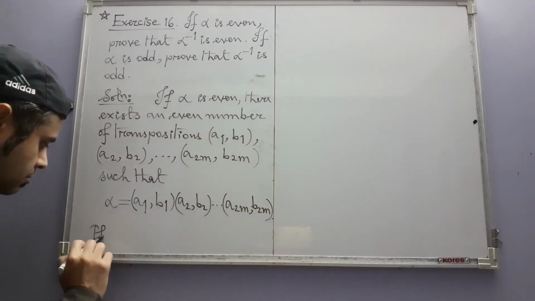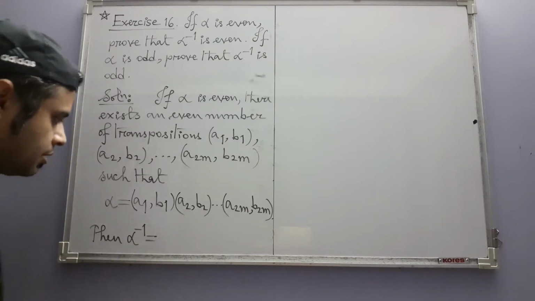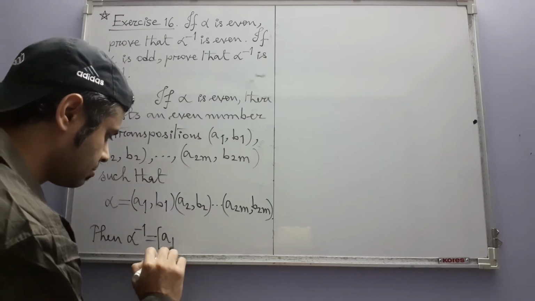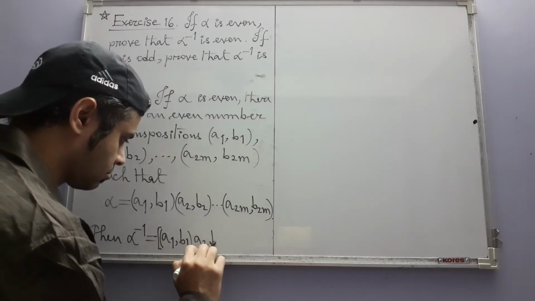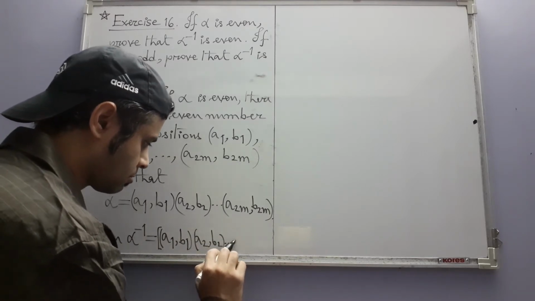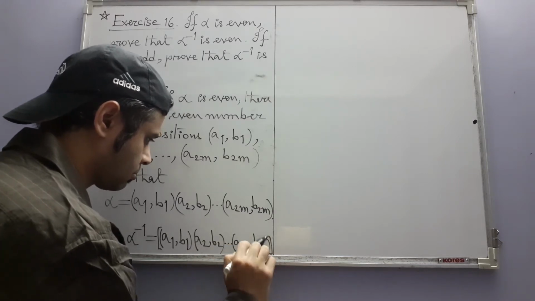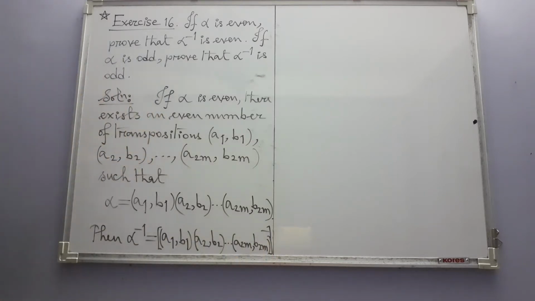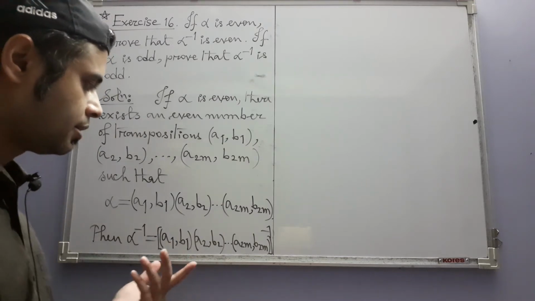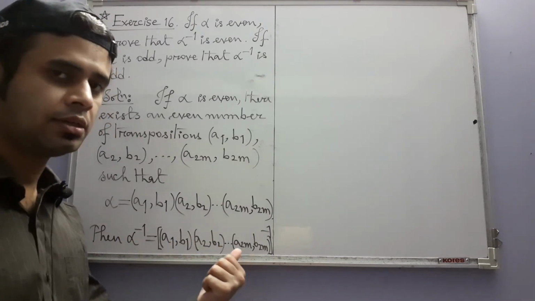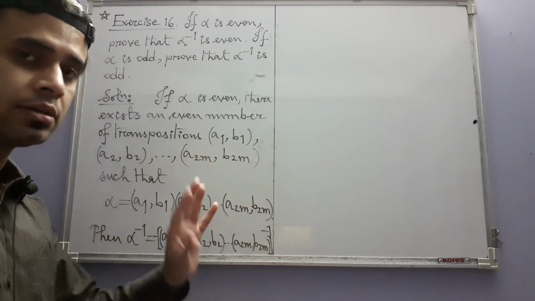Then alpha inverse is the inverse of this. Now we know that in any group, the inverse of a product equals the product of the inverses of the individual factors, but with the order reversed.